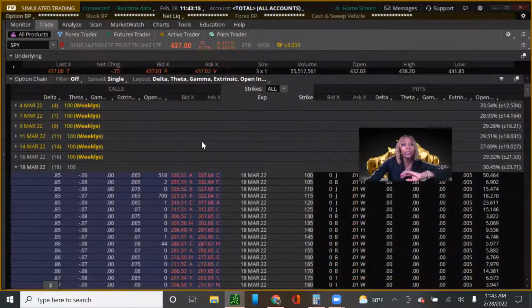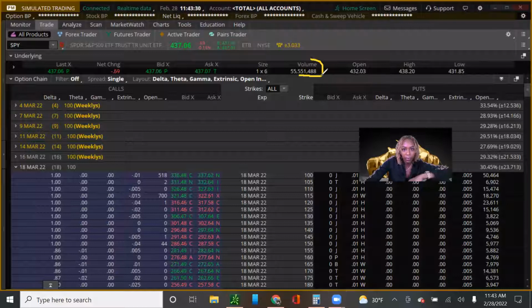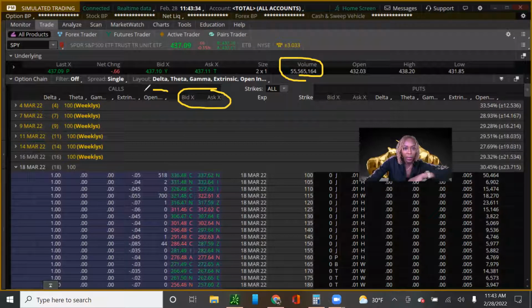So I want you to really pay close attention to the volume, the bid and the ask, and open interest, okay? So these 3. Right here, and open interest, okay?